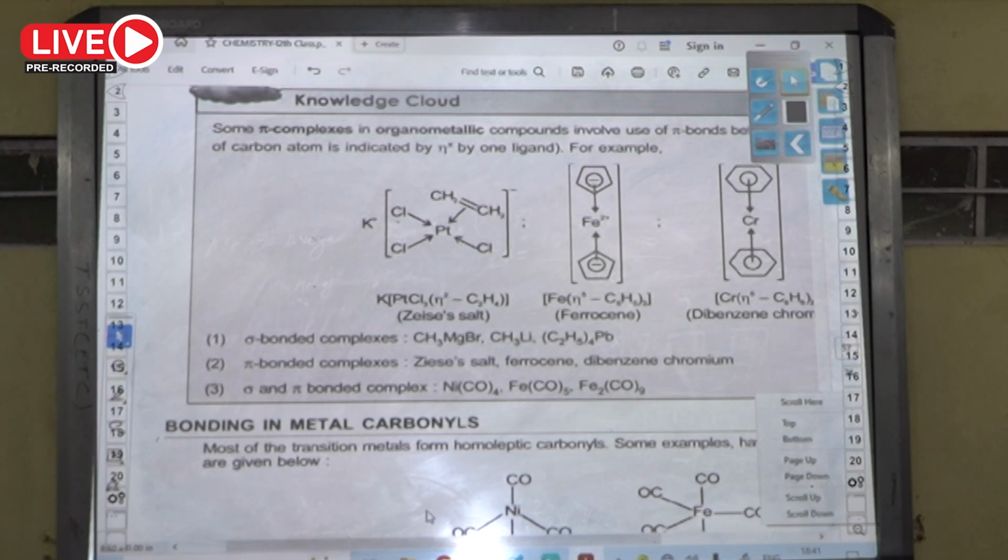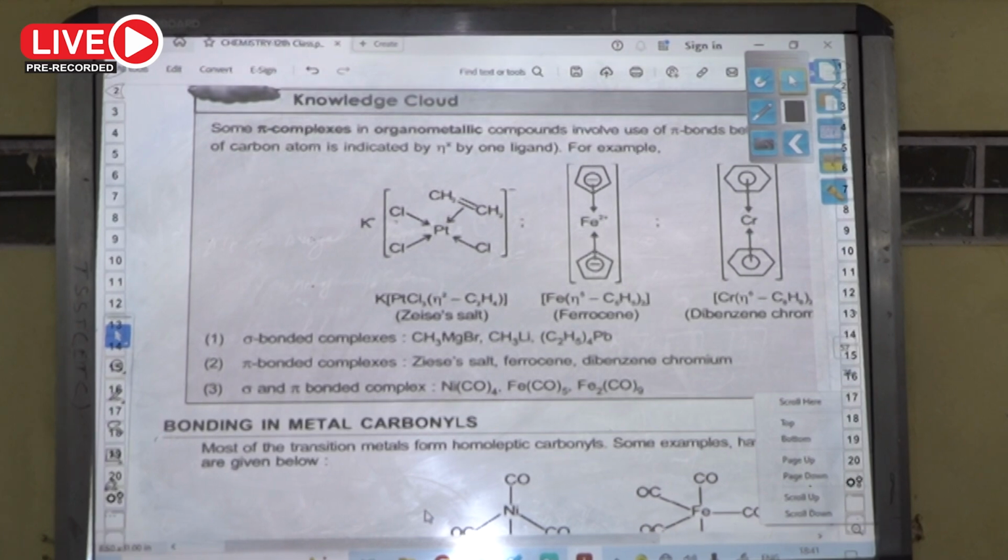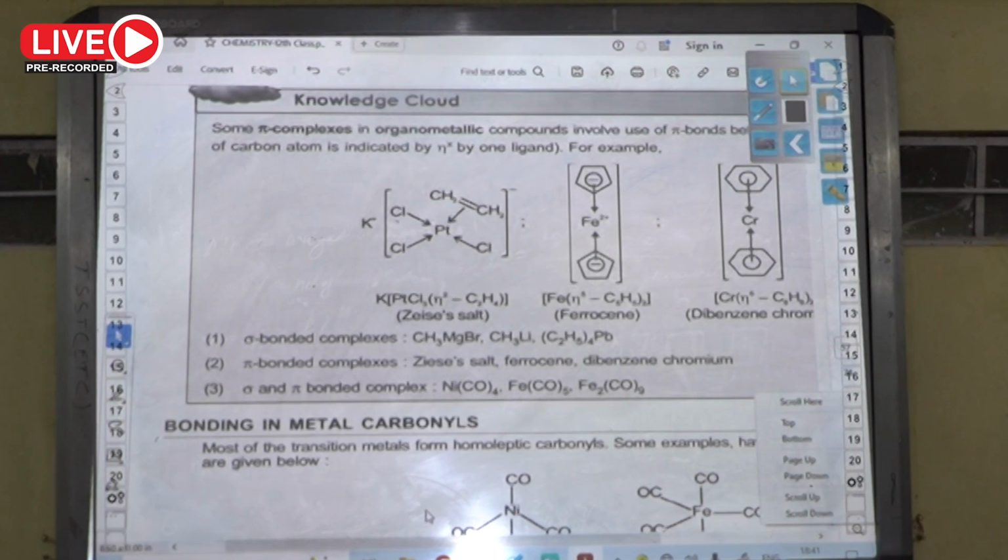Next, pi bonded organometallics. Give an example: Zeise's salt.